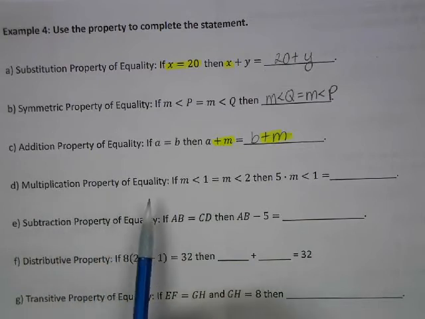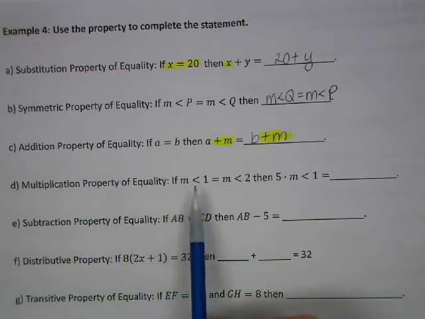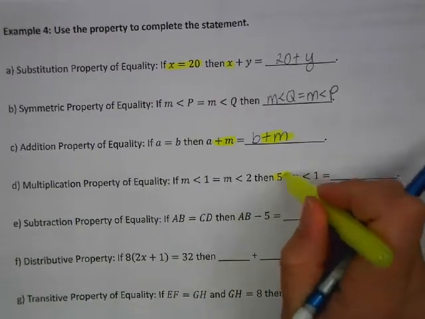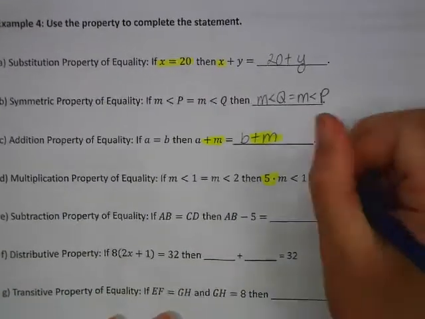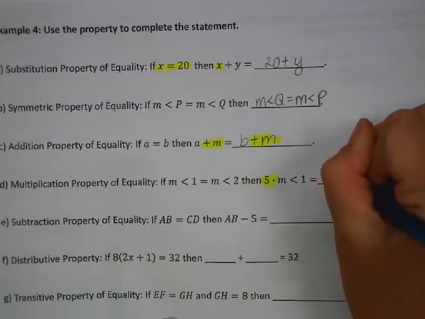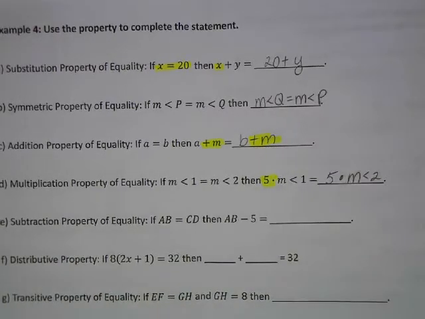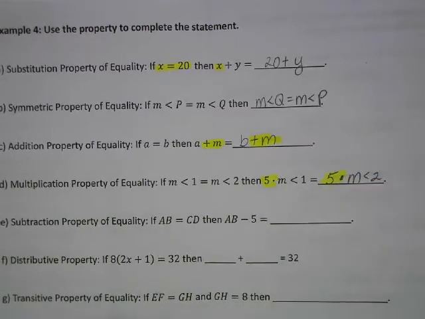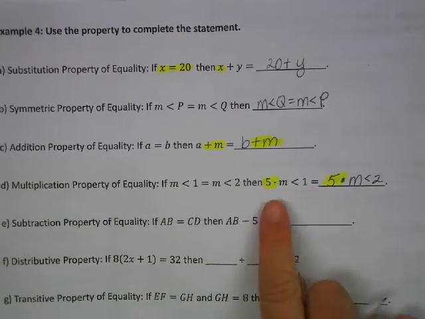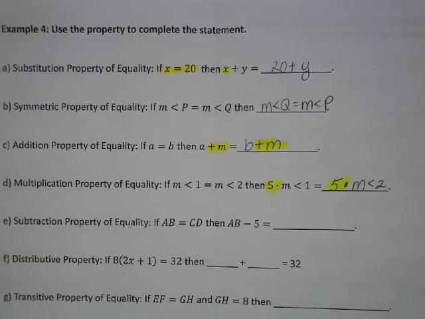The multiplication property of equality, if the measure of angle 1 equals the measure of angle 2, then 5 times the measure of angle 1 has to equal 5 times the measure of angle 2, because you're multiplying both sides by the same value. In this case, we were multiplying both sides by 5.